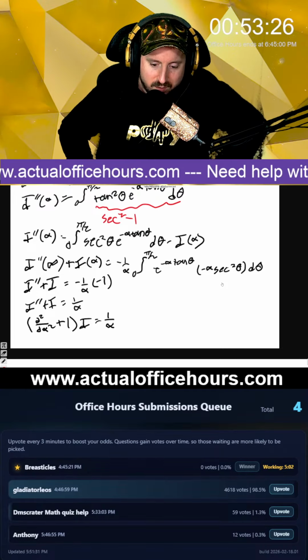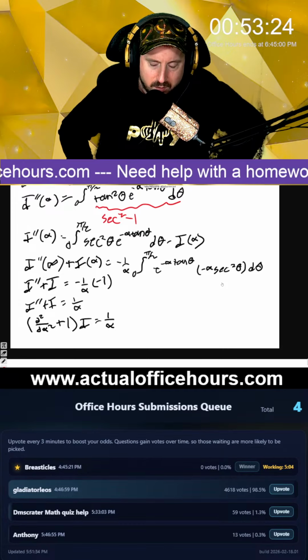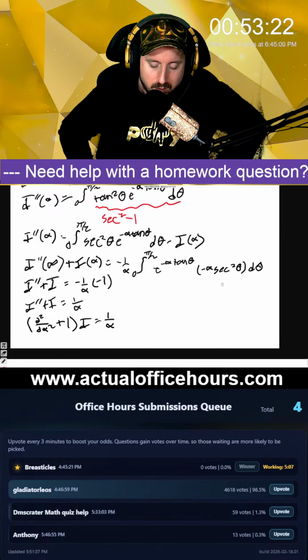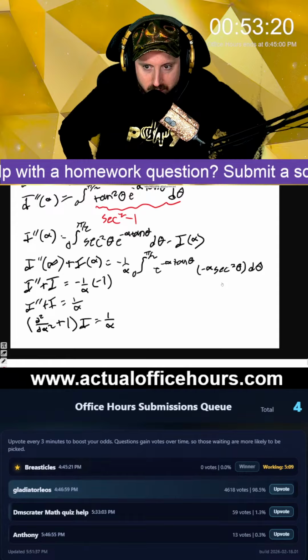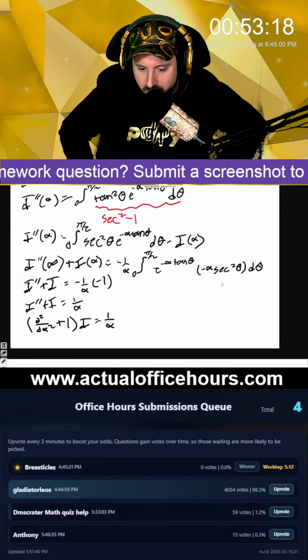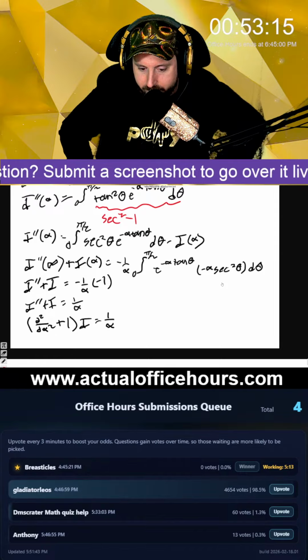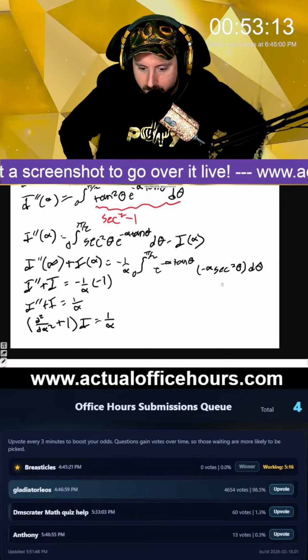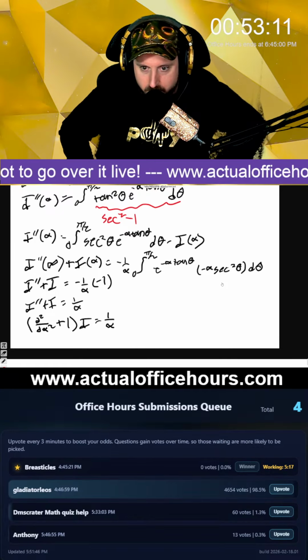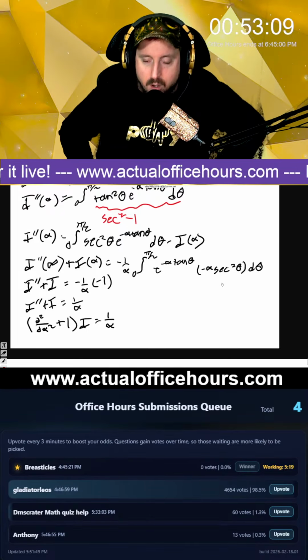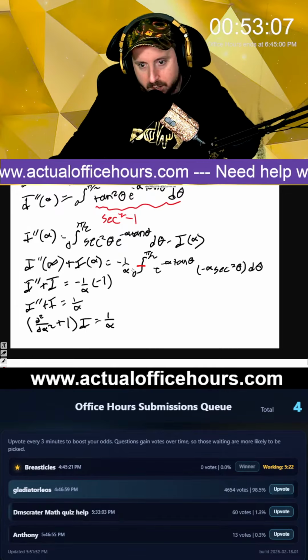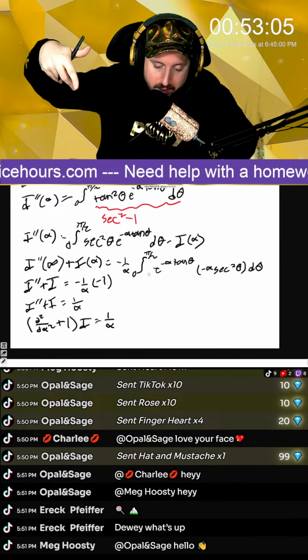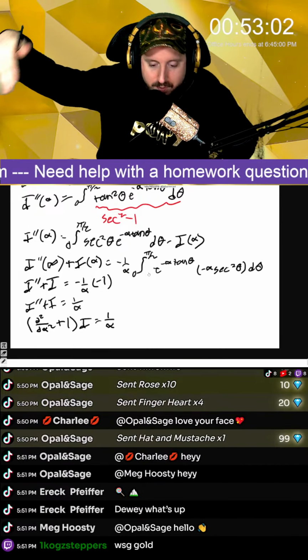Alright, does that work? Sorry, tangent of pi over 2 is... Was that infinity? Wait, what? Sorry, what? Oh, but you have e to the 0 as well. Okay, got you. Okay, it's 1 over infinity, which is 0, and then you have 0, which is 1.